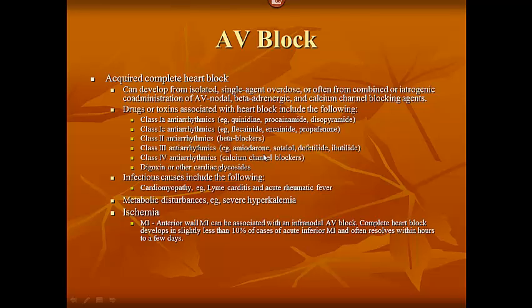You also have to, again, remember the cardiomyopathies due to myocarditis, so look for any type of autoimmune disorder or bacterial infection, such as Lyme disease, any type of metabolic disturbances, such as electrolyte imbalances, and remember, think about ischemia and MI in complete heart block.